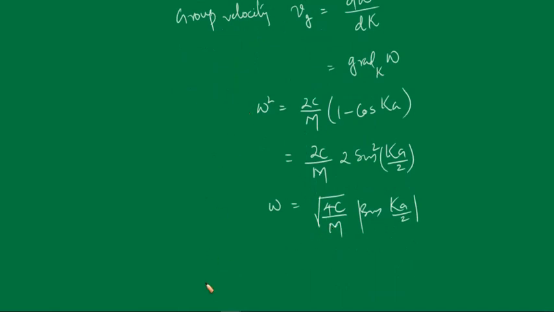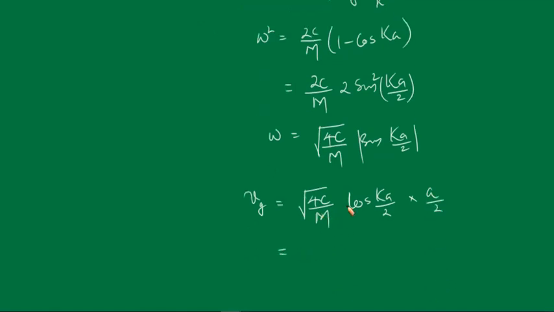Now we know this expression for the group velocity, which is the velocity of vibrations or velocity of sound in the crystal, is equal to the gradient of this with respect to k. So we have to differentiate with respect to k. So this is equal to root of 4c by m into cos ka by 2 into a by 2.